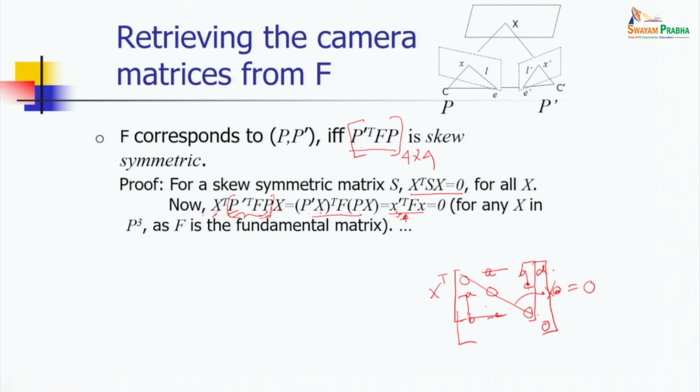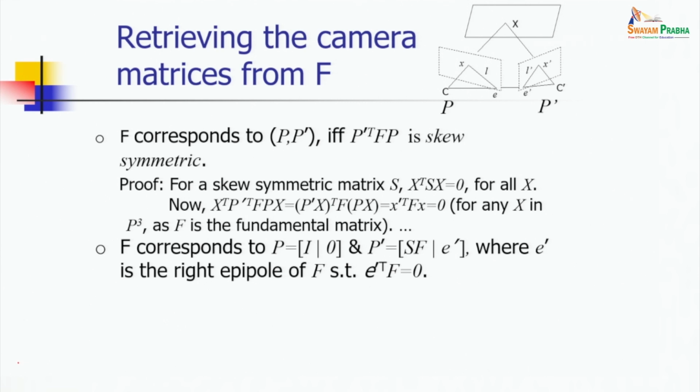So if it is D, it should be minus D. If it is E, it should be minus E. If it is F, it should be minus F. Because this X has dimension 4 cross 1. So this is a 4 cross 4 skew symmetric matrix, and that is the proof in this case.